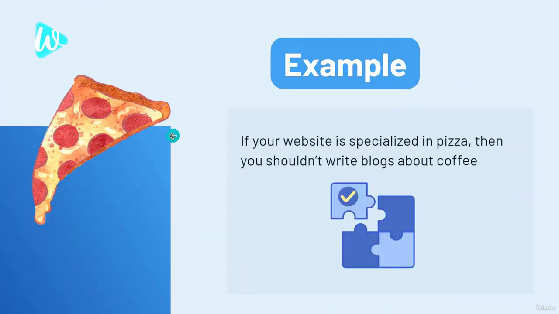And so, example here, if your website is specialized in pizza, then you shouldn't write blogs about coffee, right? You shouldn't ever do that because your niche is about pizza. And so you need to keep your website around that specific topic. Unless, of course, you've made it clear to Google from the beginning that you're talking about anything and everything. Such websites exist, like, for example, Wikipedia.